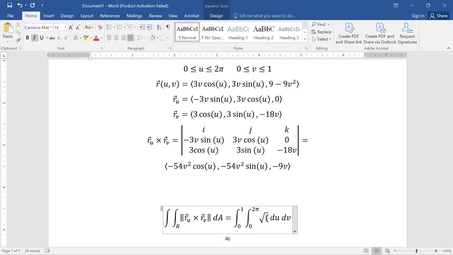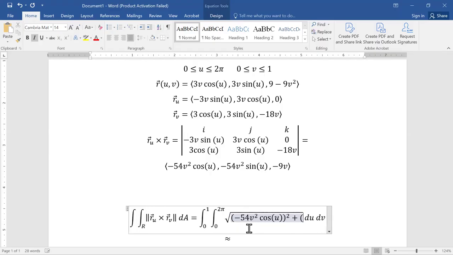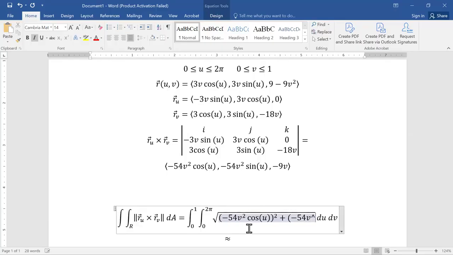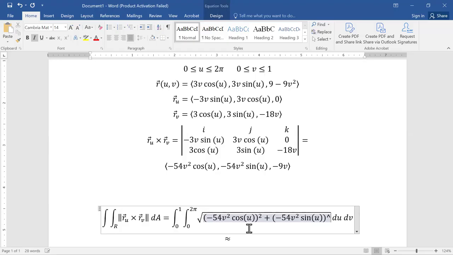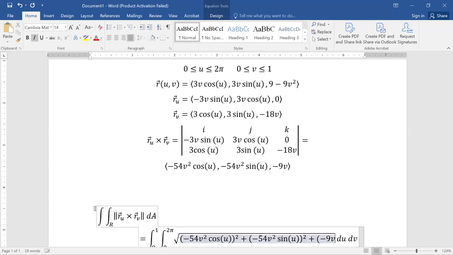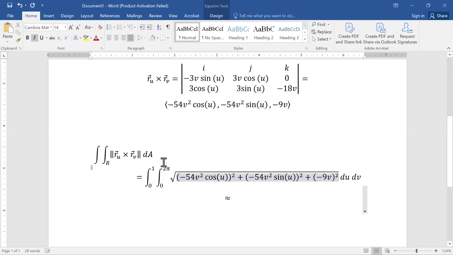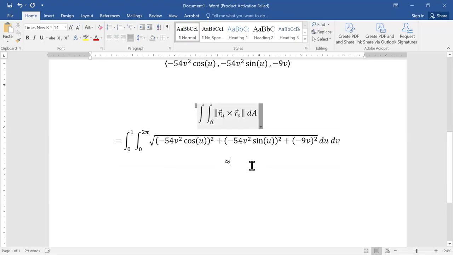And then we end up getting negative 54v squared times cosine of u, all of that quantity squared, plus negative 54v squared times sine of u, all of that quantity squared, plus negative 9v, all of that quantity squared. Long mess, but that's okay. That's not terrible.